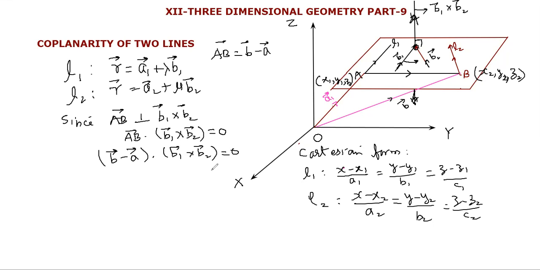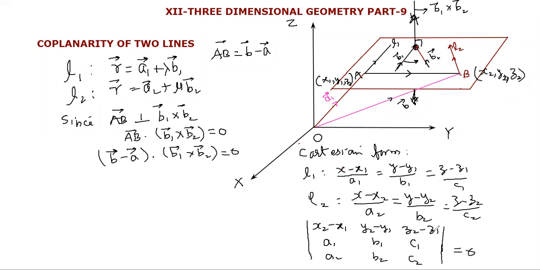Ultimately, this condition reduces to the determinant with rows x2 minus x1, y2 minus y1, z2 minus z1; A1, B1, C1; A2, B2, C2, equal to 0.